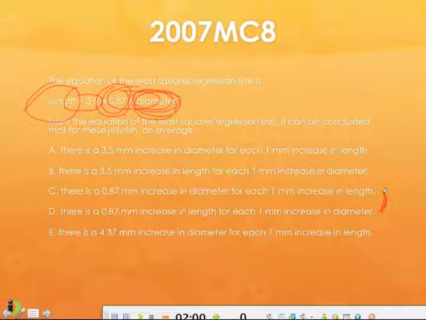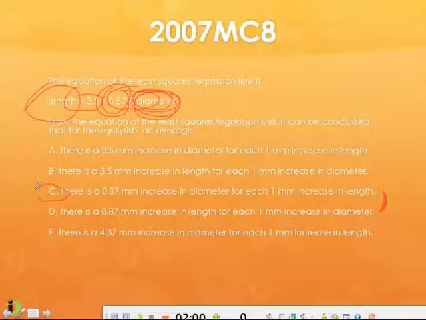First one, second one. For every increase in diameter, 1 mil gets added to the length. So it should be the first one. No, this is why we need to practice it, because even I can get confused. Read it carefully.